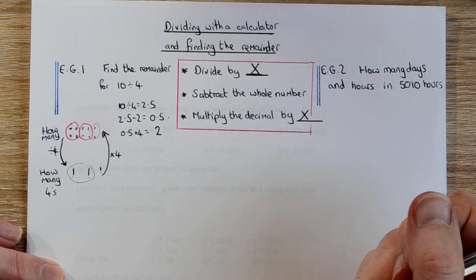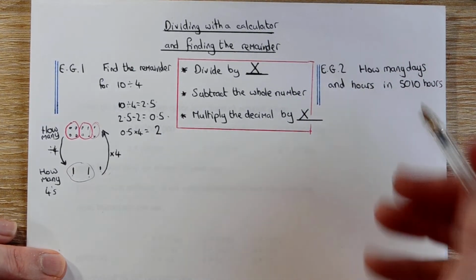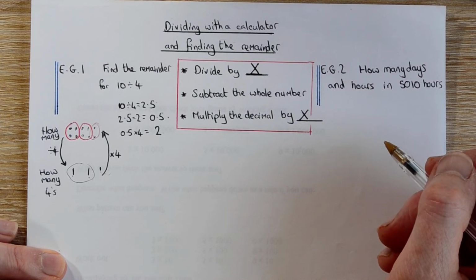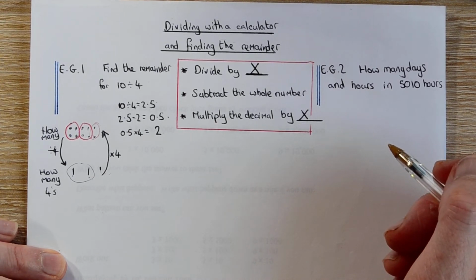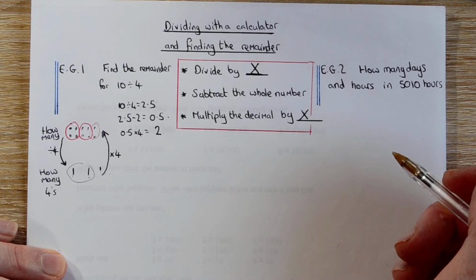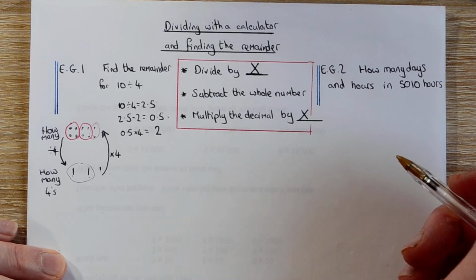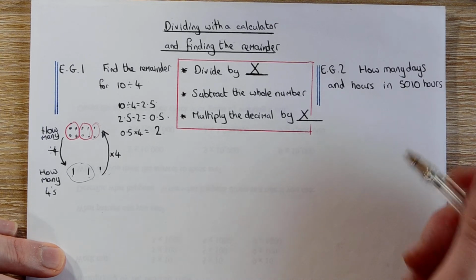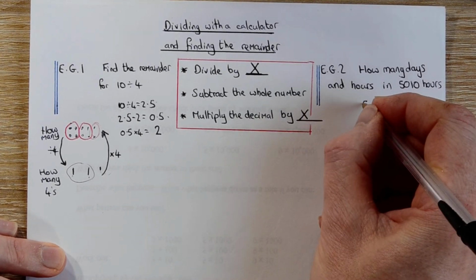Let's try that with a harder question. How many days and hours are there in 5,010 hours? So how many hours are there in a day? It's 24, isn't there? So we need to do 5,010 divided by 24.